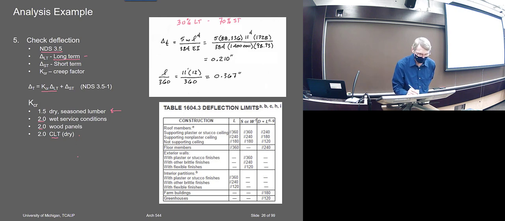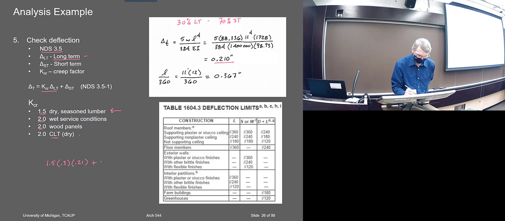So if we had a creep factor of 1.5, we could say 1.5 times 0.3 times what we calculate as the deflection, 0.21, right?